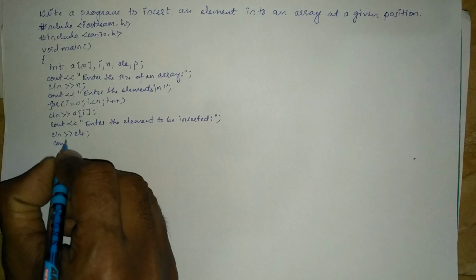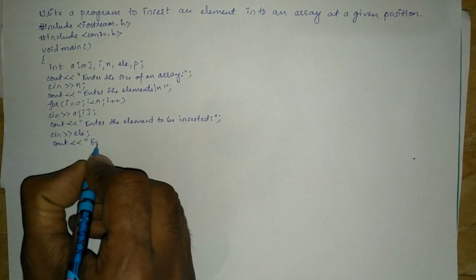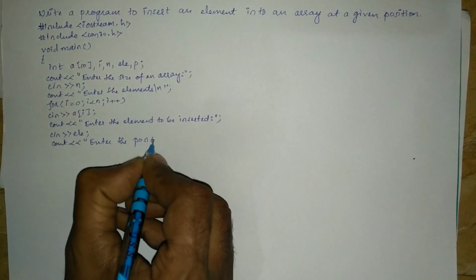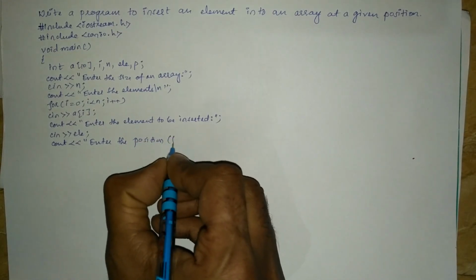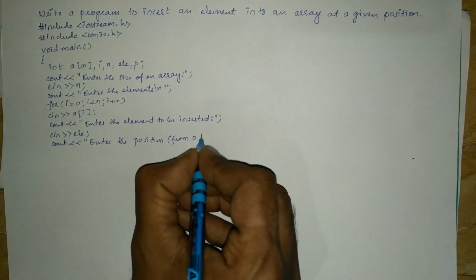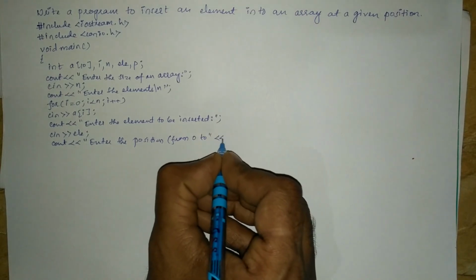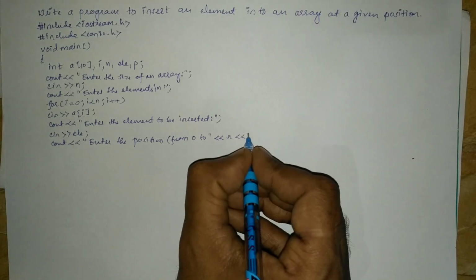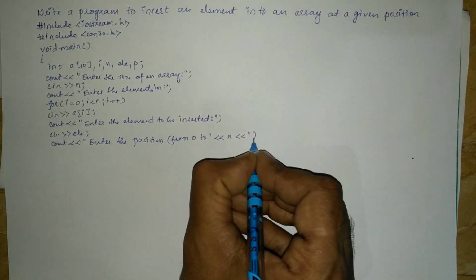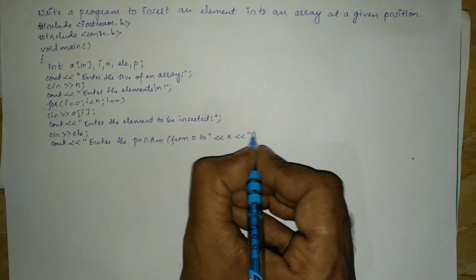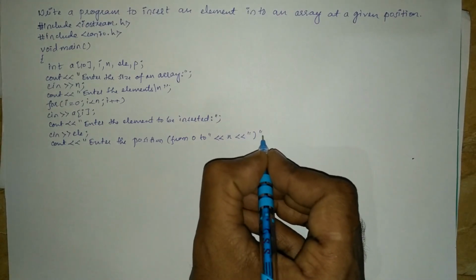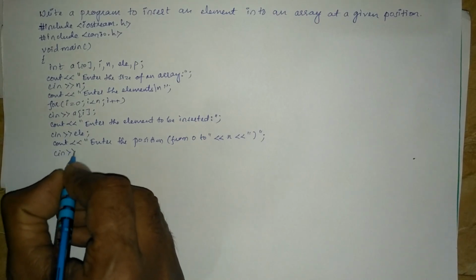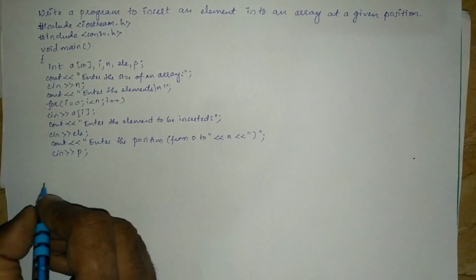So using a cout statement, cout "enter the position from 0 to ", then stream insertion operator n, stream insertion operator, and the closing brace has to be printed, so that's the reason it has to be put in double quotation marks, and put a semicolon. Now we will use cin and take the position p.